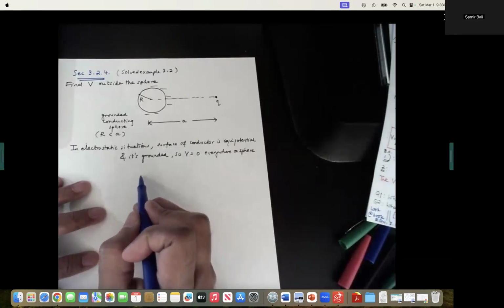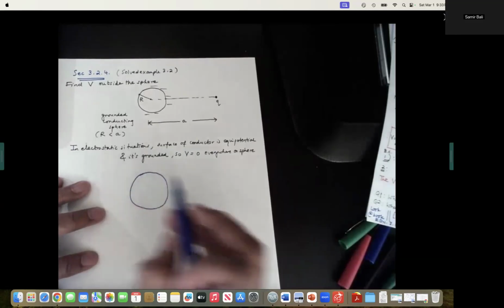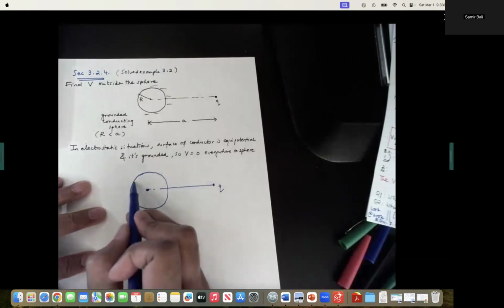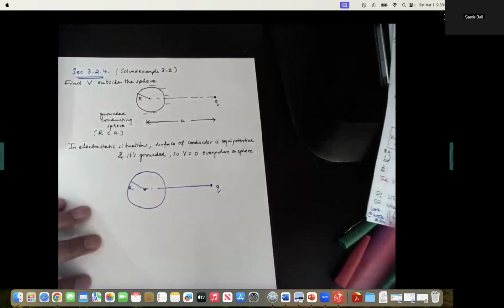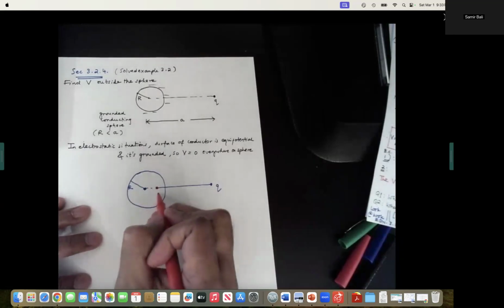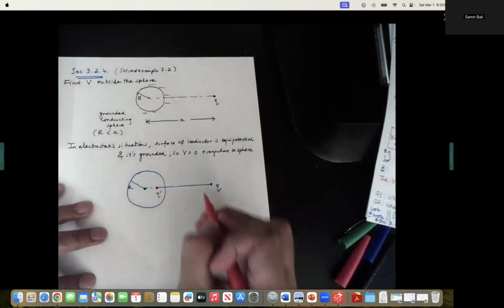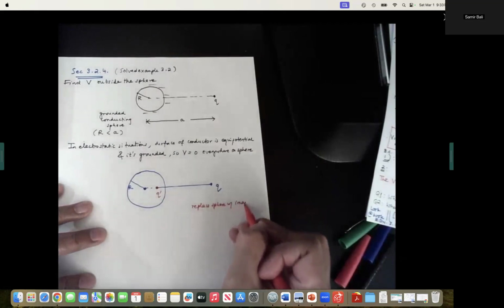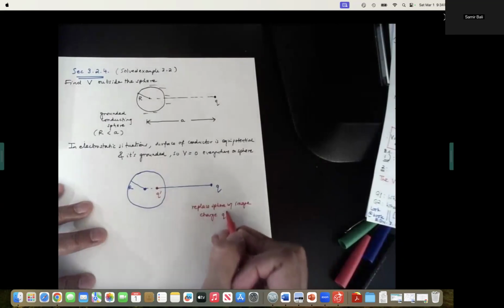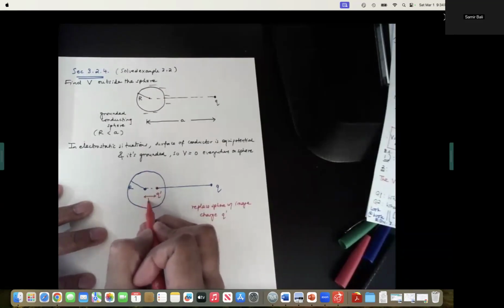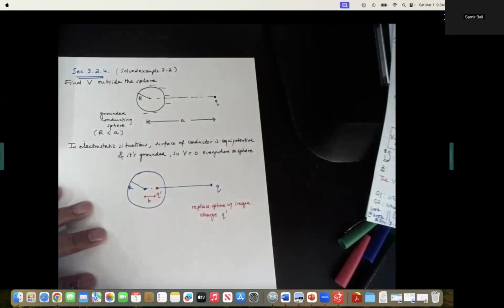So what we're going to do is take this sphere, and there's Q, there's the origin, there's R. But what we're going to do is replace the sphere with a charge Q prime, an image charge Q prime, placed a certain distance, let's say B, away from the center.